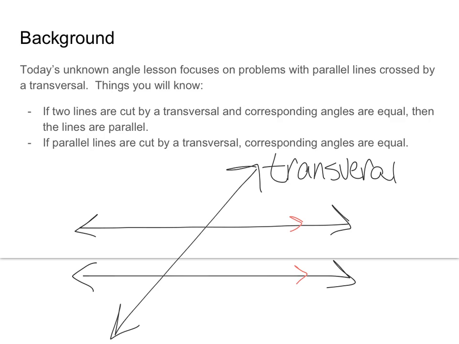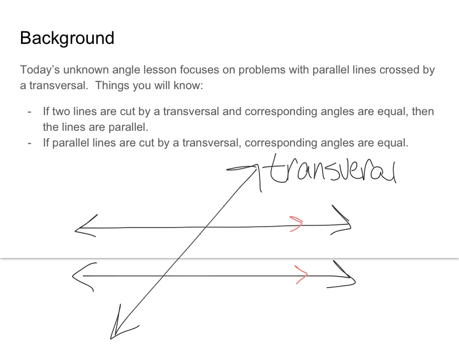And then the other thing I want to make sure I read over are these two bullet points. If two lines are cut by a transversal and corresponding angles are equal, then the lines are parallel. Okay, this is what we're going to learn today. It's not the correct way to signify it, but just going through some ideas.